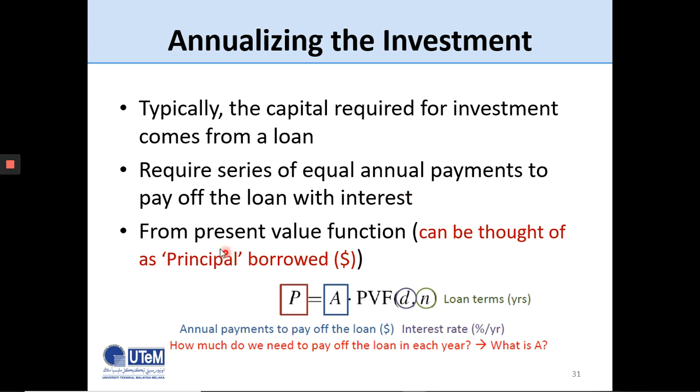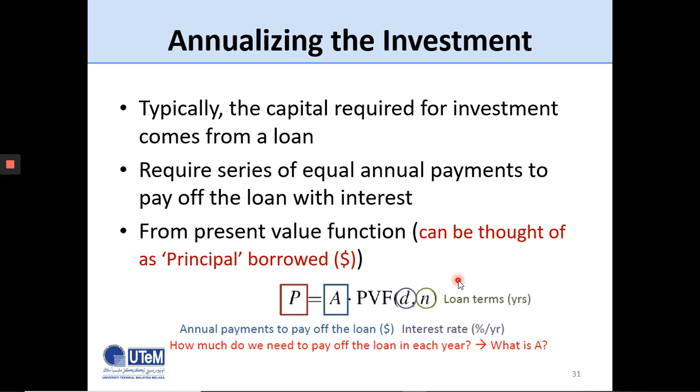So the present value function can be thought of as a principal, borrowed money. So we go back to the equation here. We have the present value and the annual payments, and the present value function is dependent on the discount rate and the number of years.